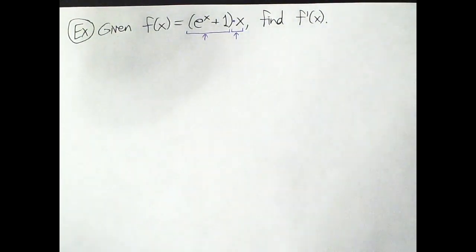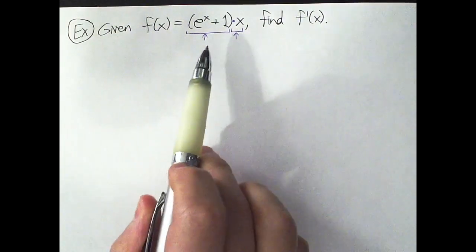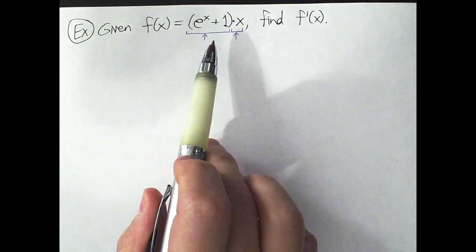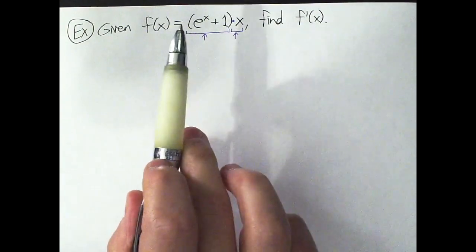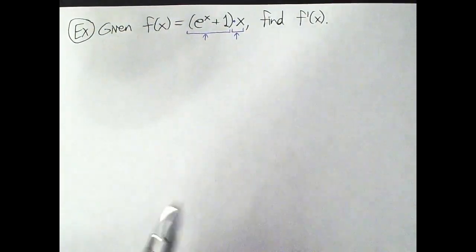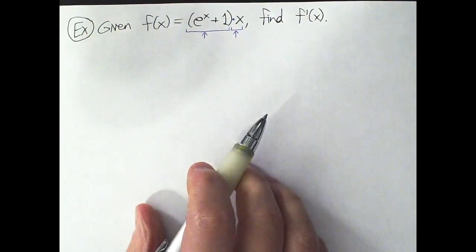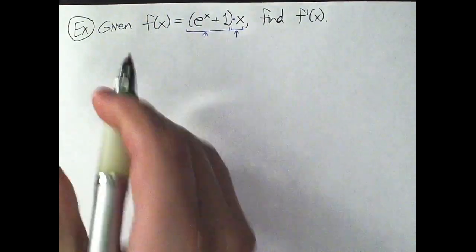So I guess what I want to explain here is that we can use the product rule without specifically calling this f and this g. We could just think of it as the first function and the second function, and then we never have to worry about using a duplicate letter. So I'm going to refer to this as the first function, and that's the second function.